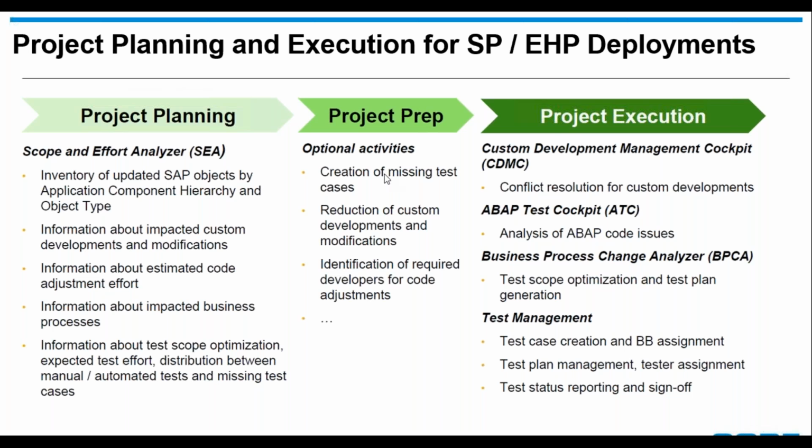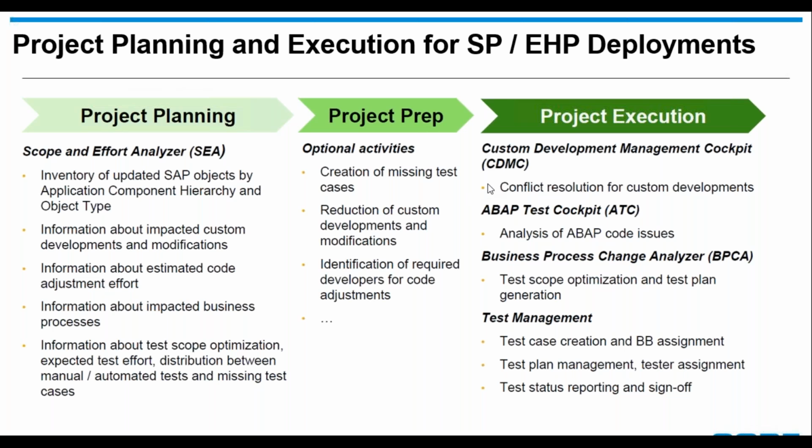During project prep, any missing test cases can be created. You can also reduce your custom development and modifications, things that may not be used or needed anymore, and identify required developers for code adjustments. So that's part of the prep.